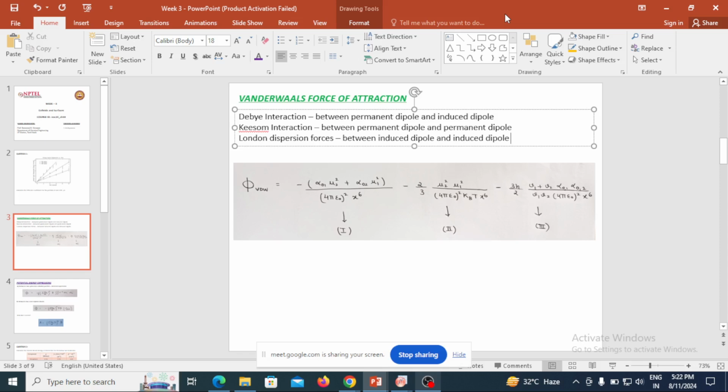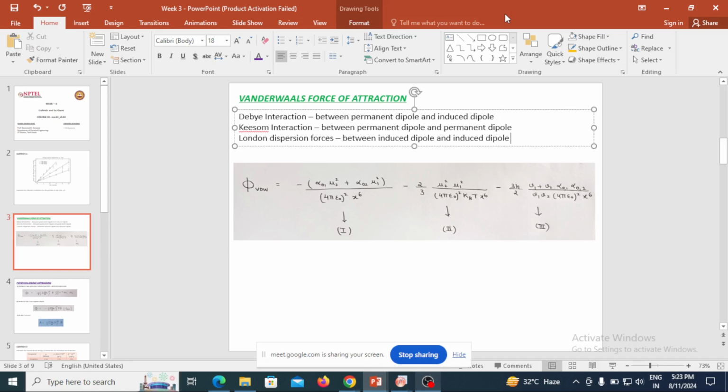So there is something called a permanent dipole and there is something called an induced dipole. A permanent dipole is something that is inherent to the system or exists within a system. For example, a permanent dipole exists in molecules like water and HCl, and in polar compounds basically.